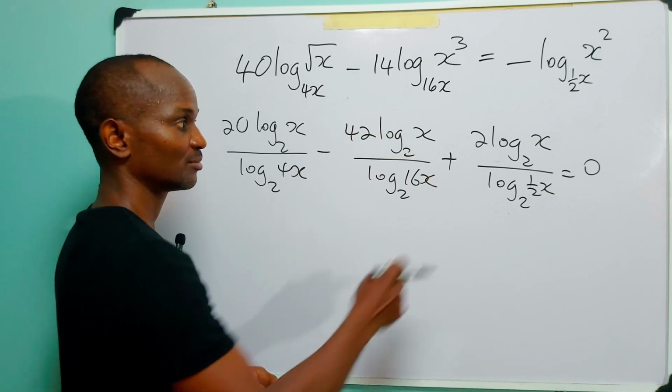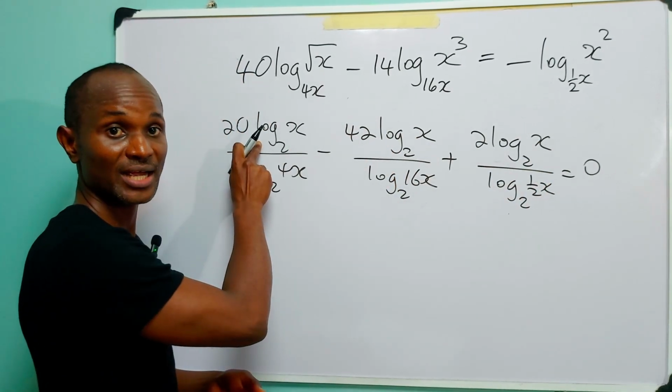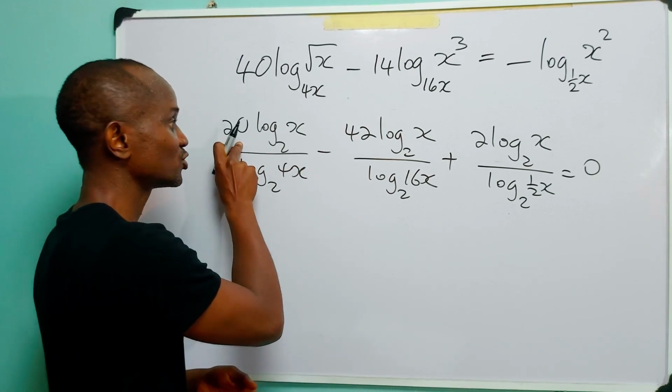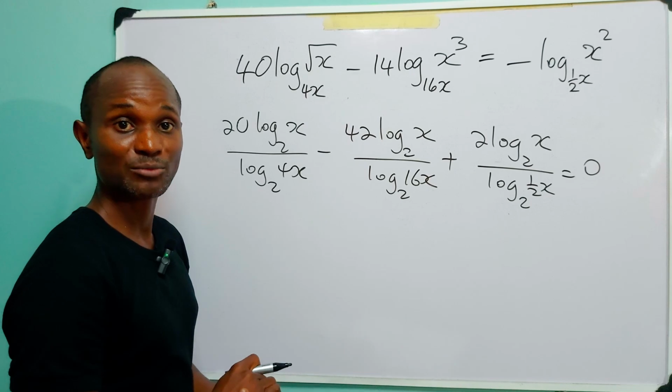Now when you look closely at these three terms, you can see that we have a common factor, log to base 2 of x, in all three. And not only that, this is 20, 42, and 2. The three numbers are even, so they are divisible by 2.